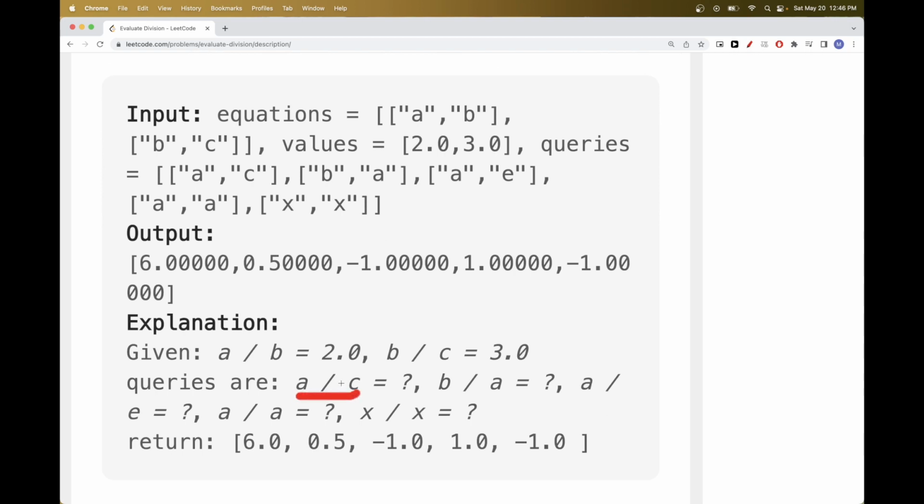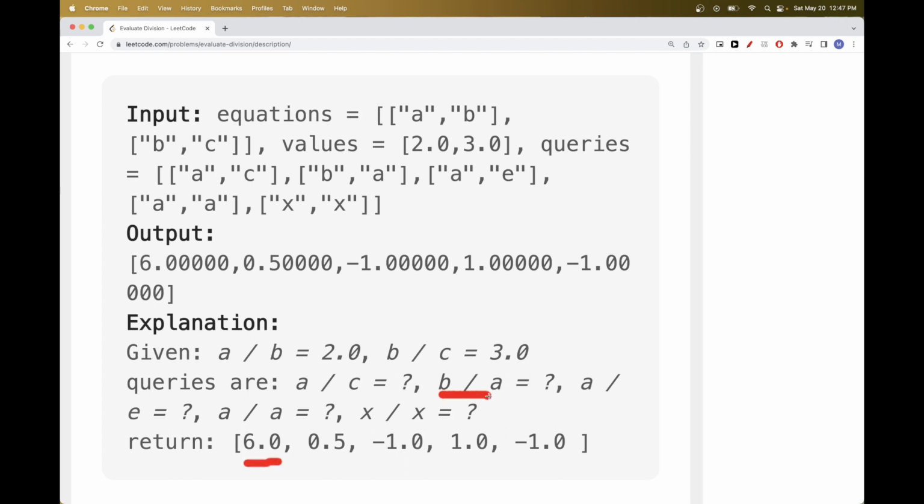Well, we already have A divided by B and B divided by C. And so you could sort of think of it like going through a path from A to B, and then from B to C. But how do we get that? Well, with multiplication. If we multiply these two, B will cancel out, and we are left with A divided by C, which is exactly what we want. So we can just multiply these to get the value, which is 6, right? And so we return 6.